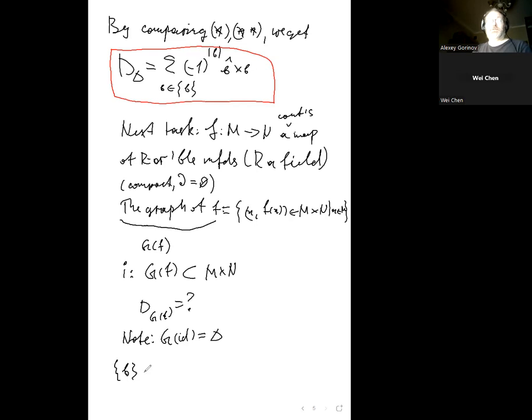Which is a graded basis of the cohomology of M. And we do the same for the cohomology of N. Sorry.